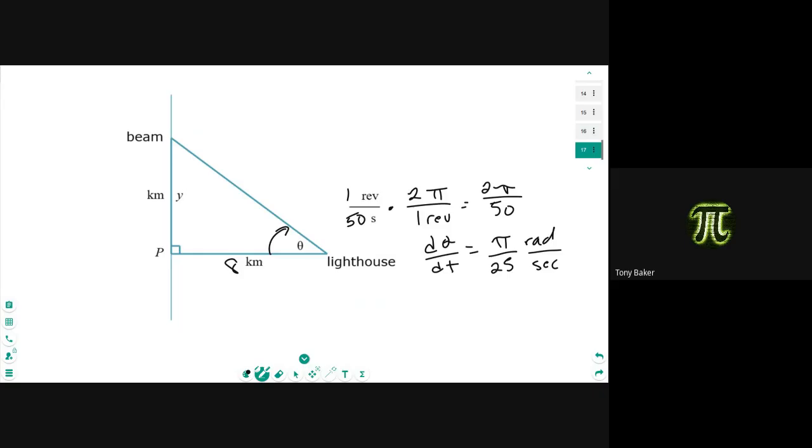And since in this case it's moving away from P, it's positive. If it was moving towards, it'd be negative. D theta over dt.